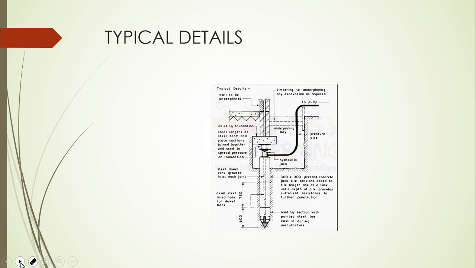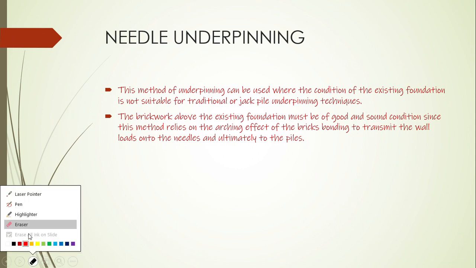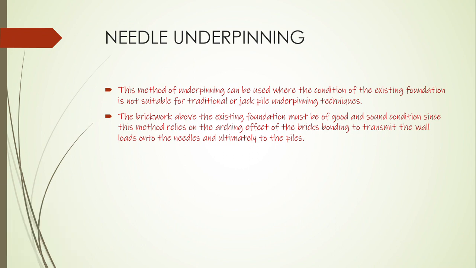Now let's go to the next method, which is needle underpinning. Under needle underpinning, this method can be used where the condition of existing foundations is not suitable for traditional or jack pile underpinning techniques.